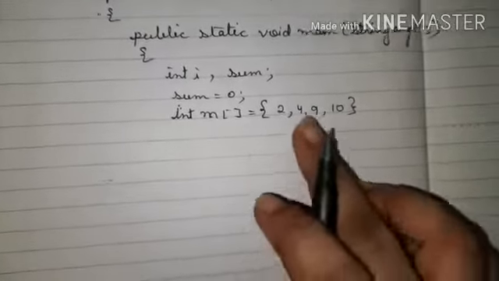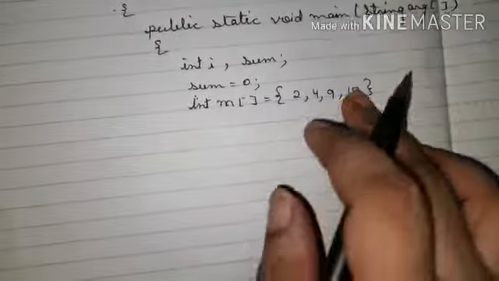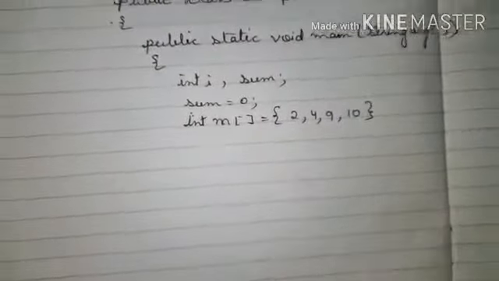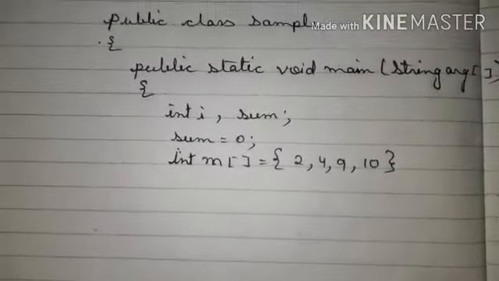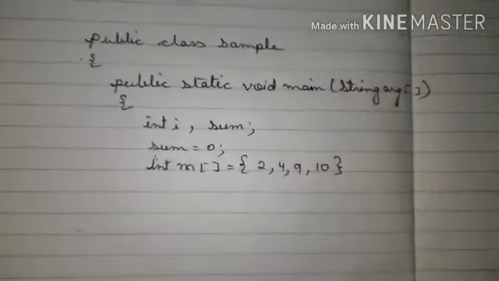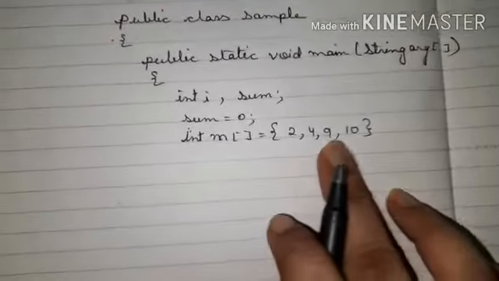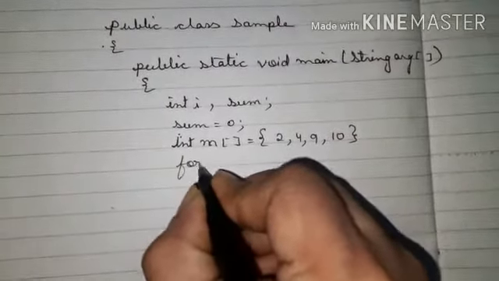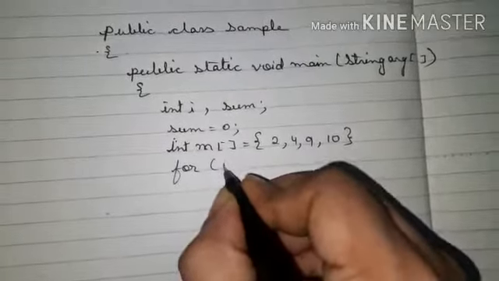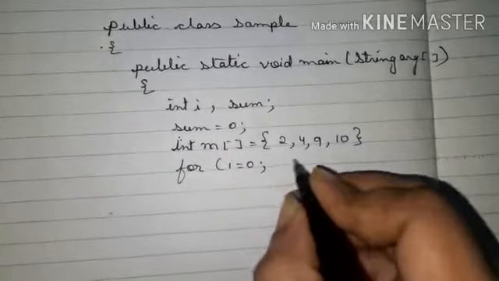So this is the four-element array we have taken. The program has to find the sum of the array. For finding the sum, we have to use the for loop.